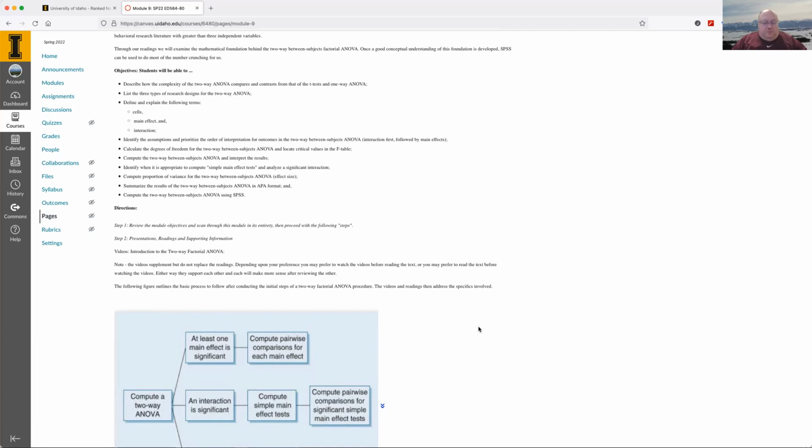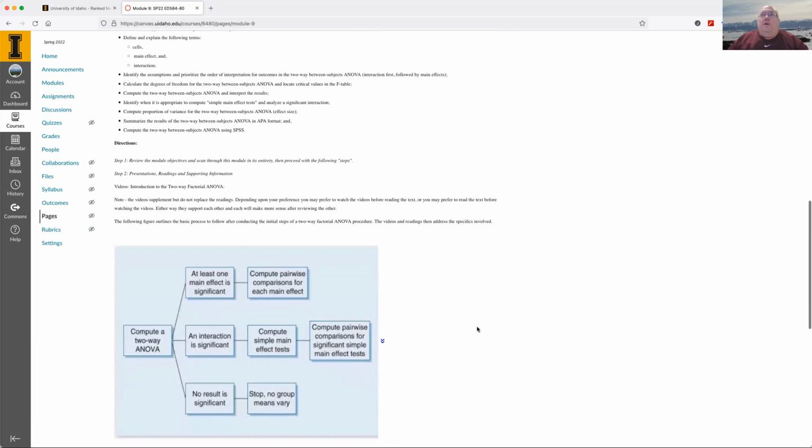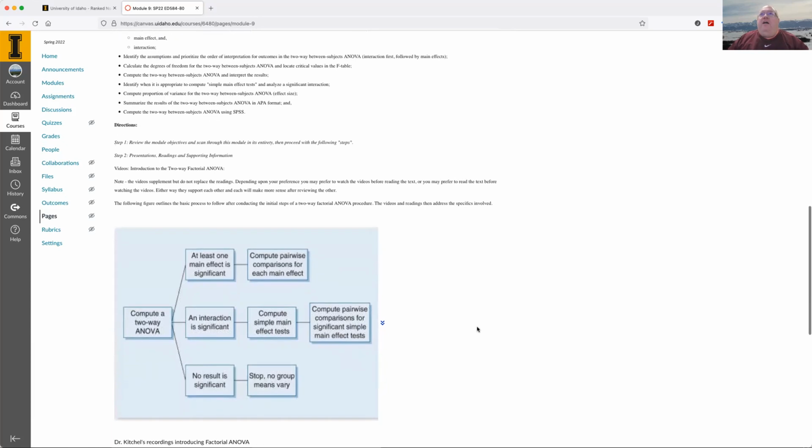Either way, they support each other, and each will make more sense after reviewing the other. The following figure outlines the basic process to follow after conducting the initial steps of a two-way factorial ANOVA procedure. The videos and readings then address the specifics involved.